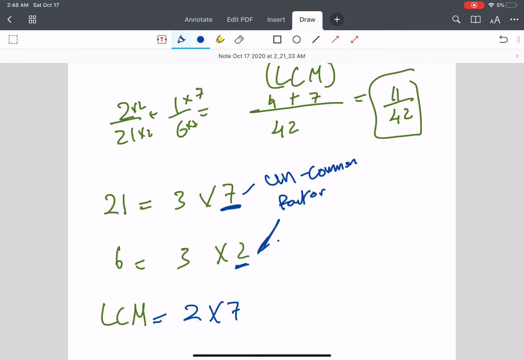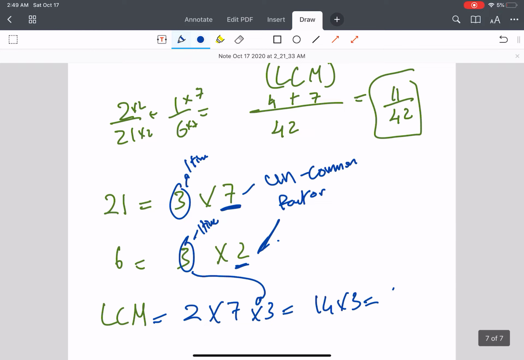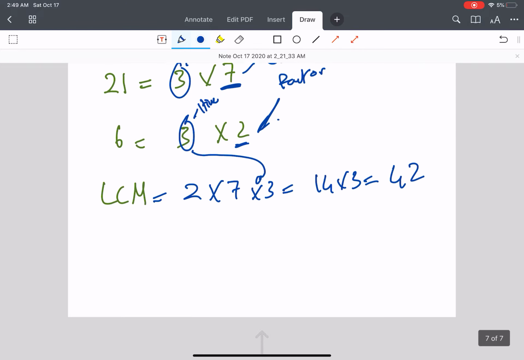These are uncommon factors. And for the common factors, we take the number of times it appears most. For example, 3 appears one time in both cases, so we will take it one time. So 2 times 7 equals 14, times 3, which is equal to 42.